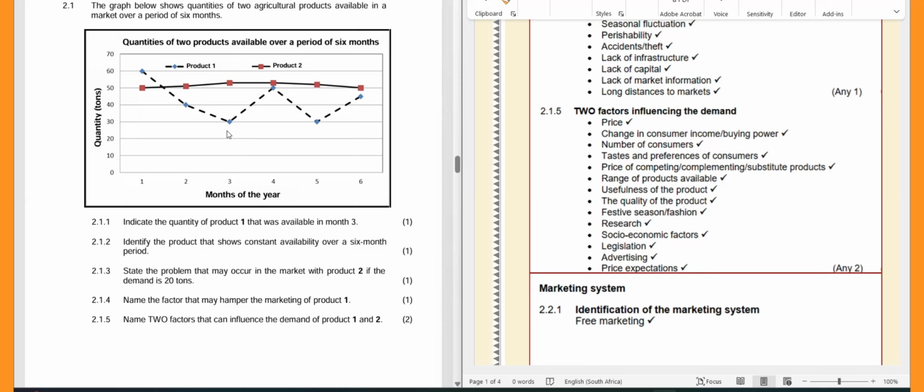So people will stop buying shiny shoes because another brand is selling new shoes that have better quality or better features. Then you will see the shiny shoes having a decline in demand. That's fashion, okay?